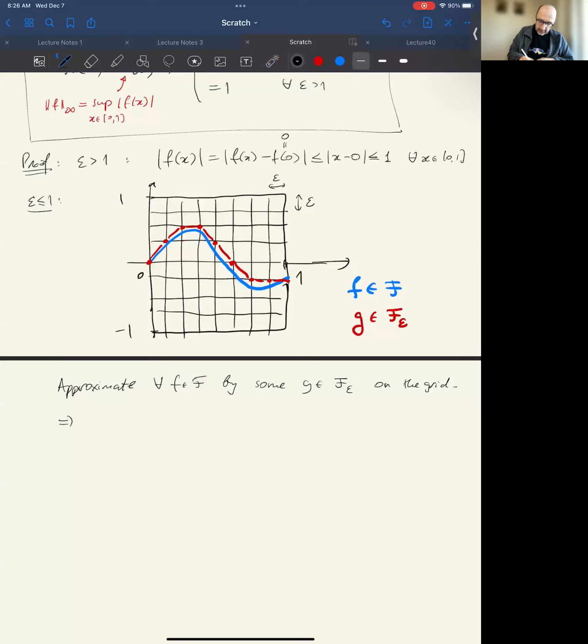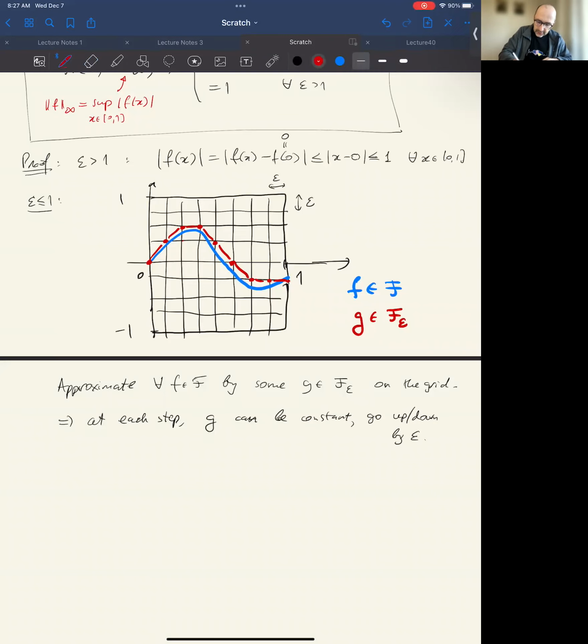So which means that at every step, g can be constant, so just be flat, or go up by epsilon, or down by epsilon.